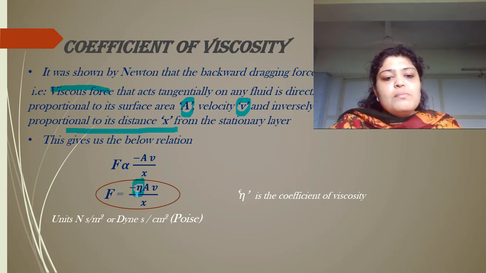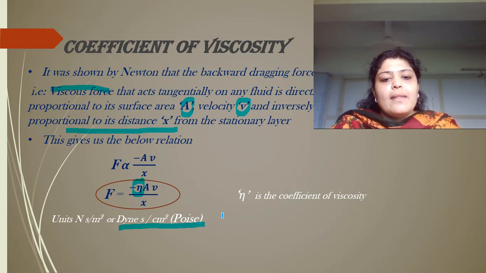So F is equal to minus eta AV upon x, where eta is known as the coefficient of viscosity. The units are Newton second per meter square, or dyne second per centimeter square. The value of this viscous force is not very large, so it is generally measured in CGS, that is dyne second per centimeter square, and this is known as poise.